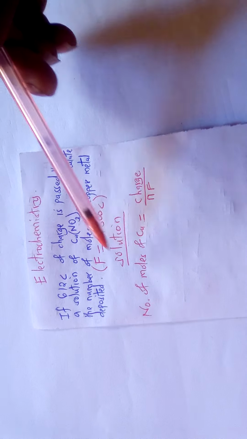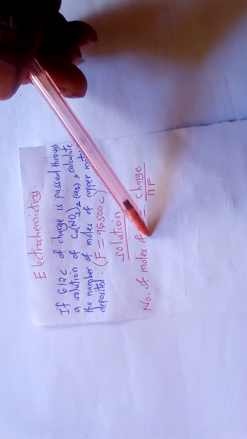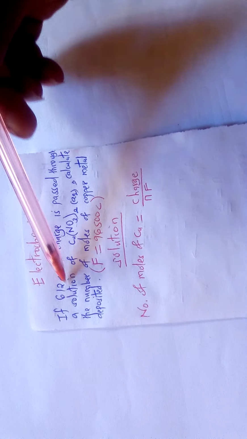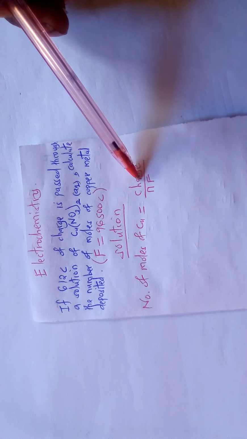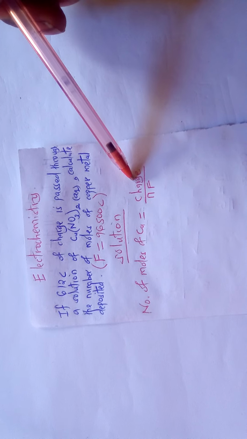Here you've been told to calculate the number of moles, and therefore it is not provided, and that's what we want to get. And here we have the charge. Check whether you have the charge. You've been told that 612 coulomb of charge is passed, so that means we already have the charge, and therefore there is no need of finding it. We shall just be substituting it here.